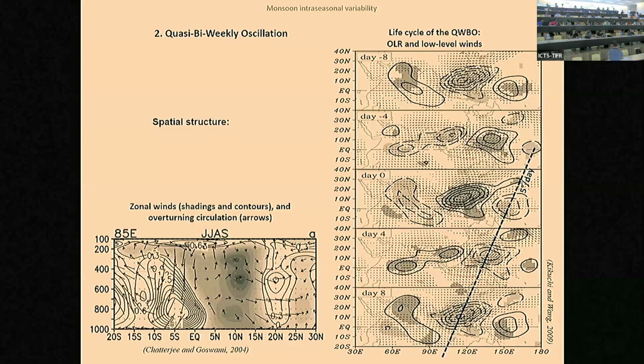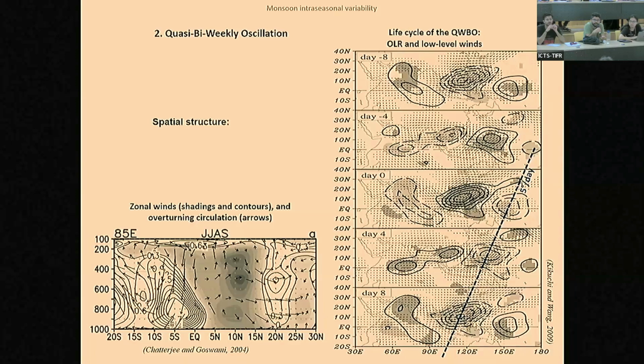Yes, can you go to the slide where you show the propagation mechanism for the northward MISO? There you mentioned the zonal advection of the background moisture is important. How do we see it from the perspective of surface fluxes?